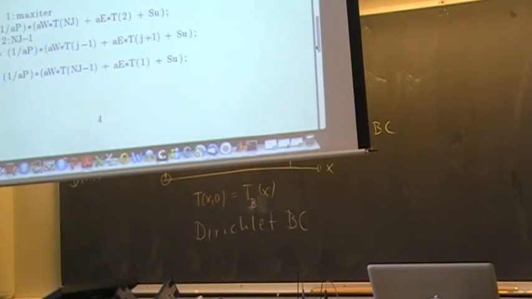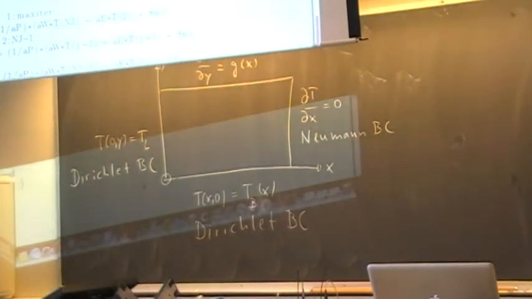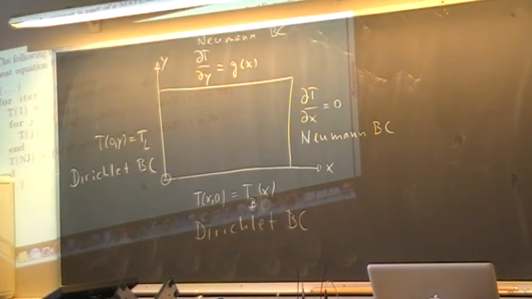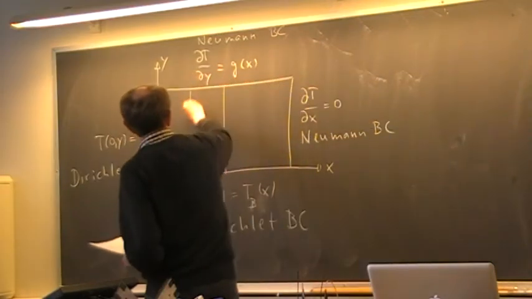So that means we have at the top and at the grid point next to the bottom boundary. So I move it up again. We can now do a sketch of the problem. So imagine we have our grid here.